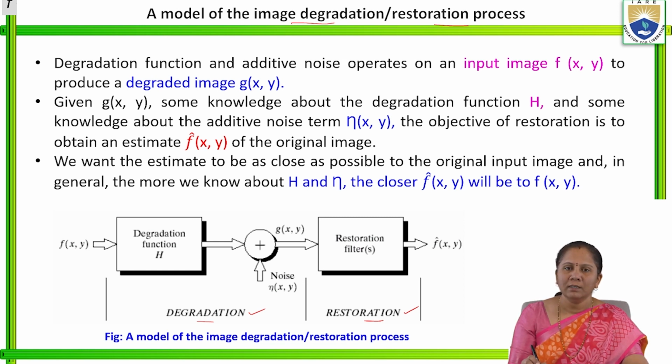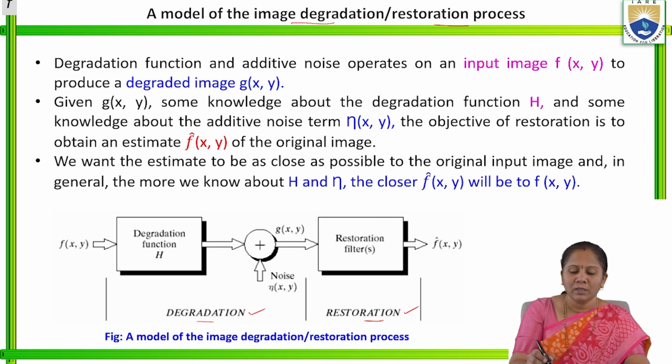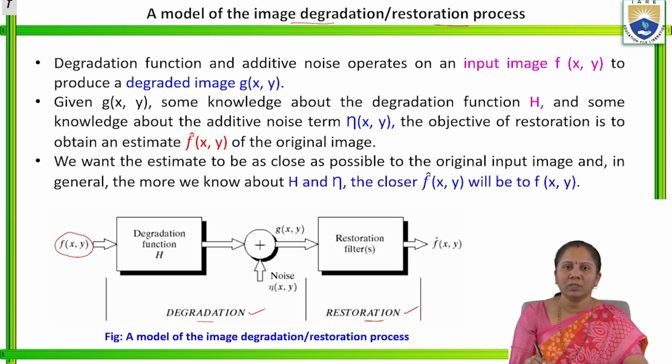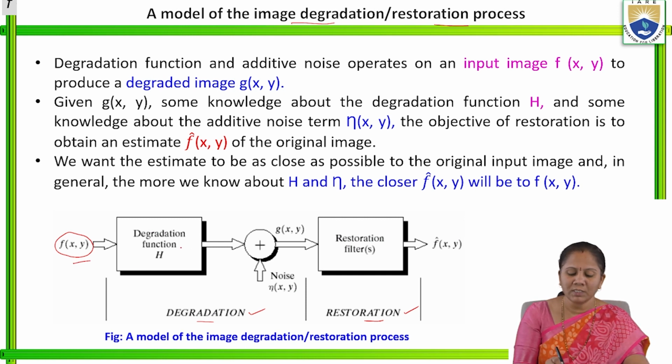Now we will see how the degradation is performed, how restoration is performed, and what our objective is in using this process. Here we consider the two-dimensional input image represented with the function f of x comma y. This input image is given to the degradation function, which is represented with h.